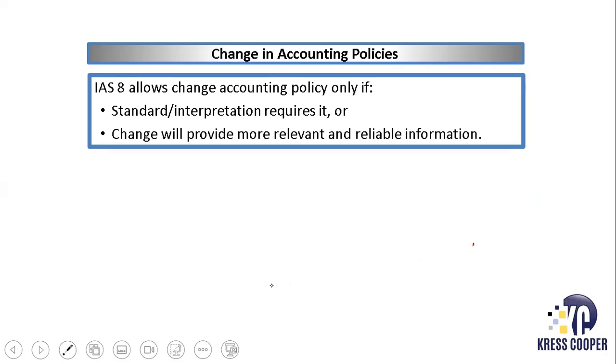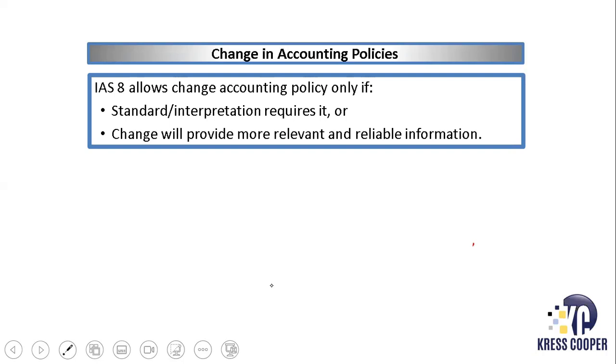One of those is that the policy is being changed because of the requirement of a new accounting standard or a change in the accounting standard suggested by the board, the IASB, International Accounting Standards Board.